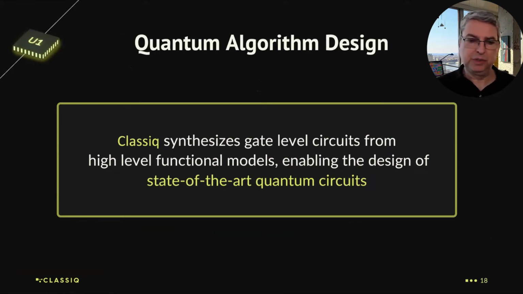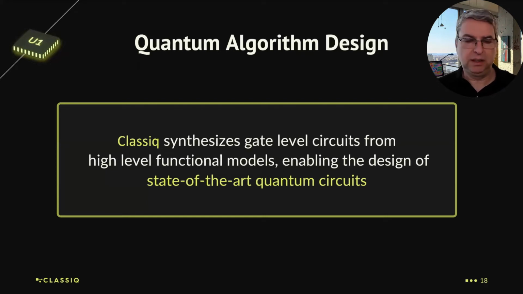We ask the user to define a high level functional model, basically saying, this is what I want the system to do. This is the oracle. This is the definition of the problem. And then we automatically explore a huge design space, look at many, many different options to come up with an optimized circuit that is also hardware aware, that takes into account the constraints that you care about.